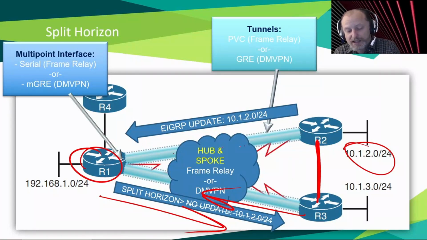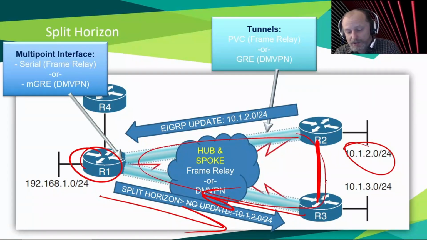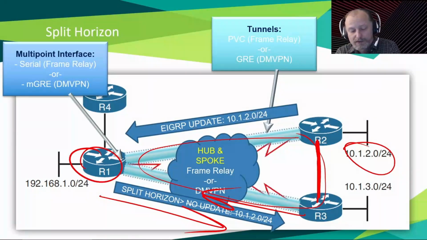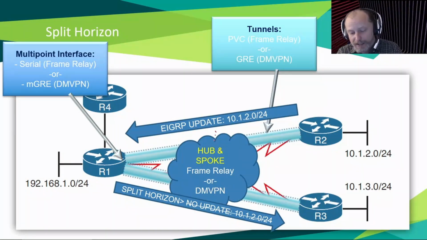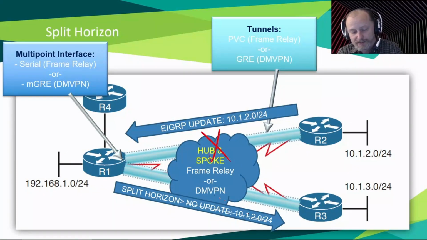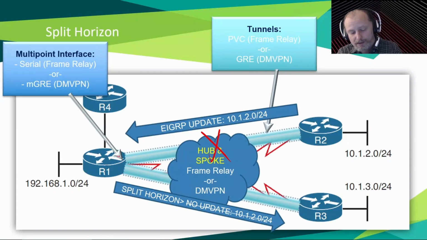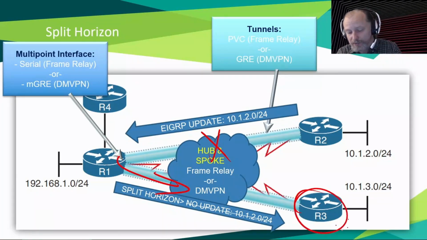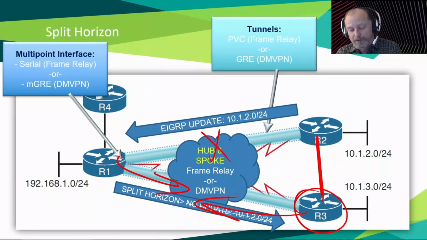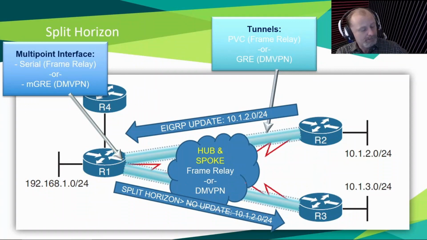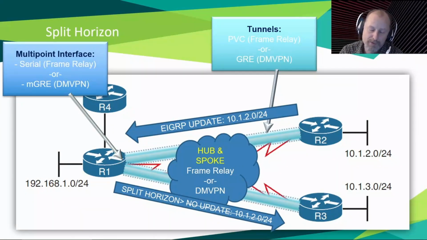So essentially, because there's a loop here, if one of those goes down, R1 can think that it can still get there. For example, if this goes down, R1 would advertise here that R3 could get there. Okay. R3 goes over here. I'm trying to remember how this causes a loop, but my mind is blanking.